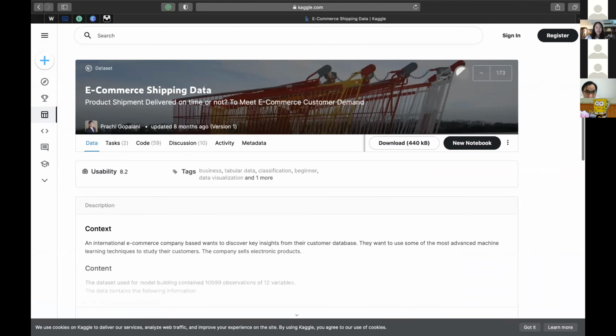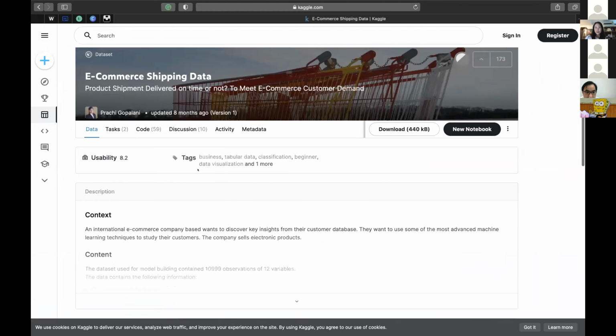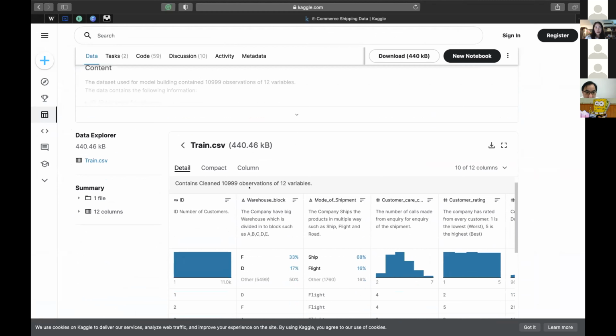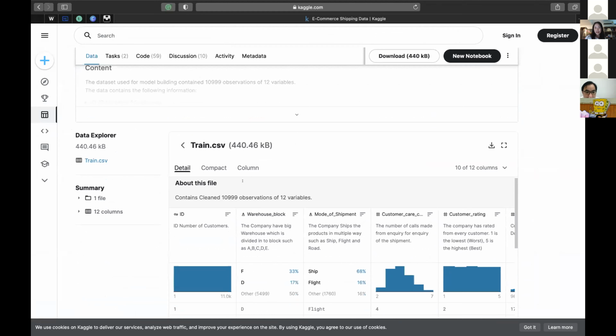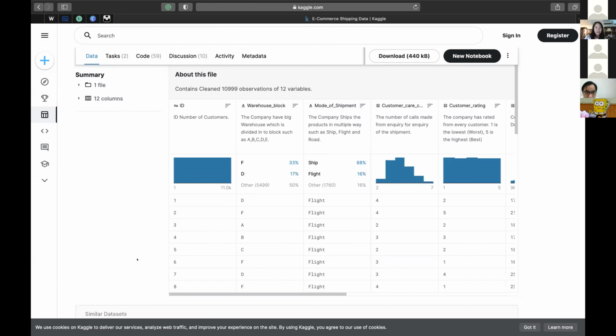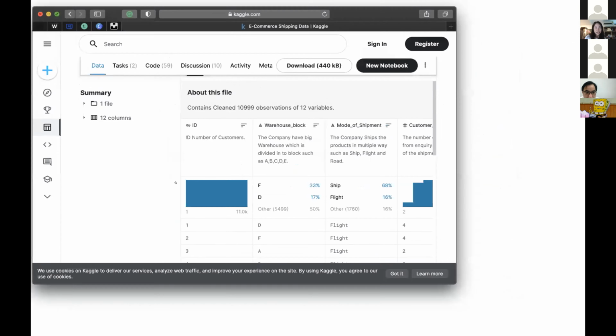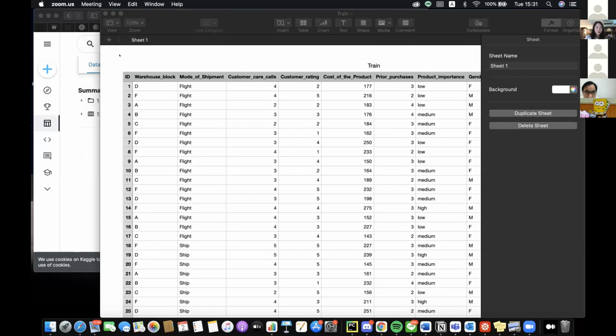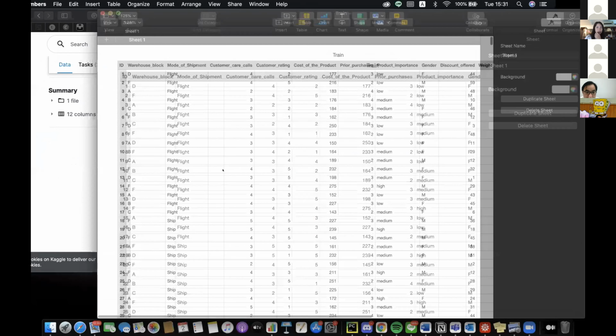So I'm looking at the commercial shipping data, which has 12 columns and around 10,000 rows. Let me share it in the Excel file. Here is my data.